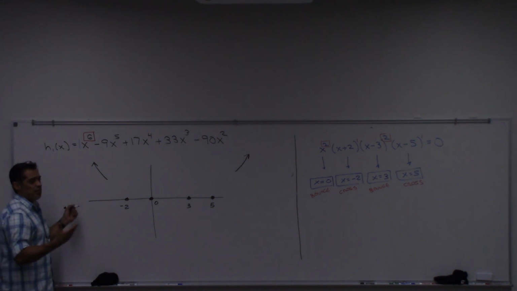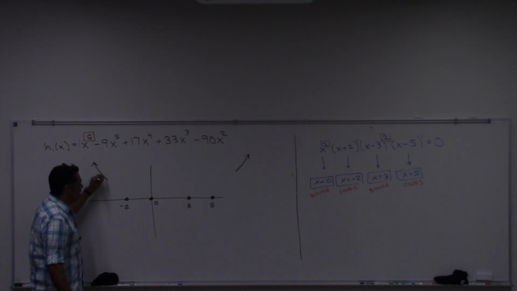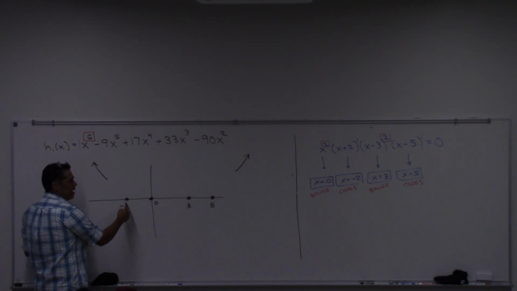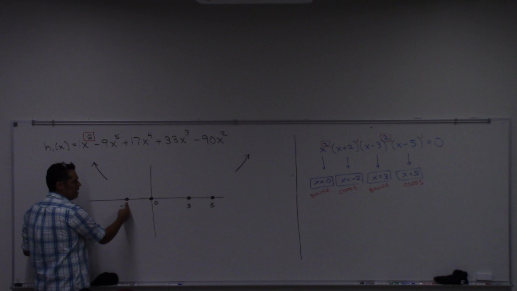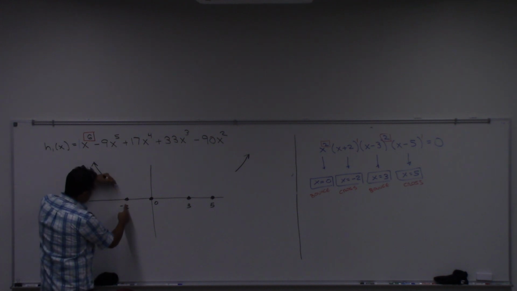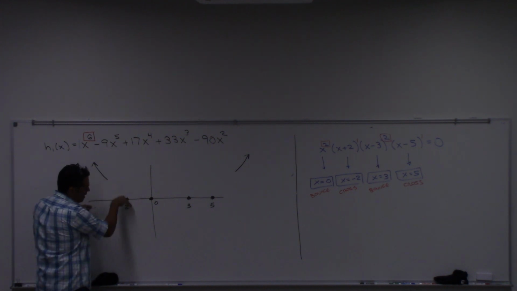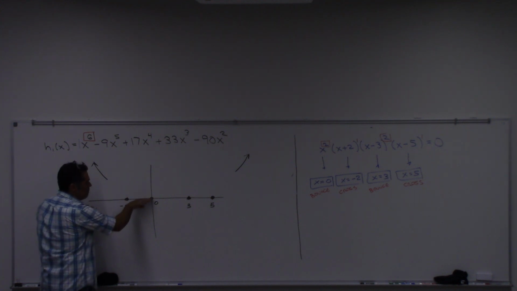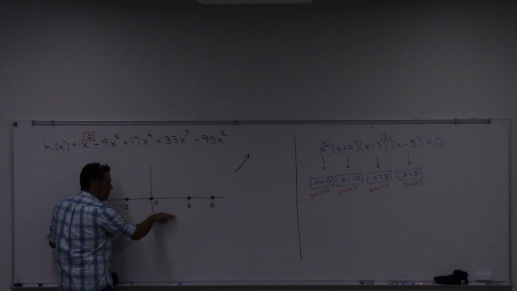And then I start to draw it. So from here, I'm just going to draw my little smooth curve polynomial, taking into account what I do at each of these. So what do I do at -2? Cross through. So I'm going to cross through the x-axis. Then I've got to come back up to 0, and when I get to 0, what am I going to do? Bounce off, and then I got to get back up to 3.